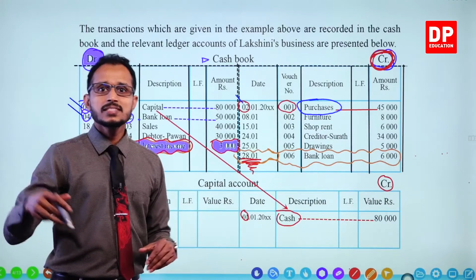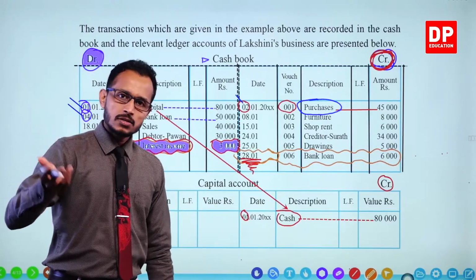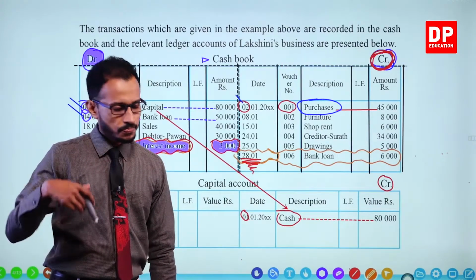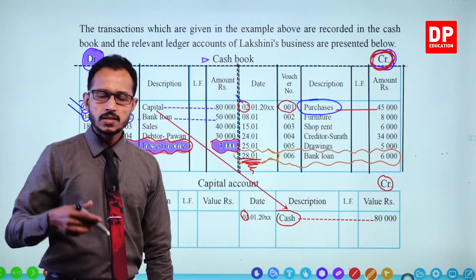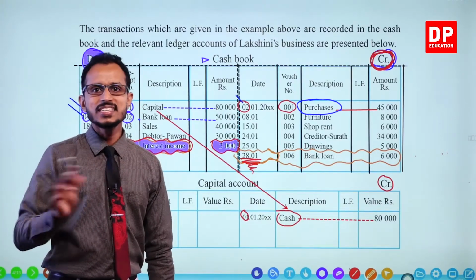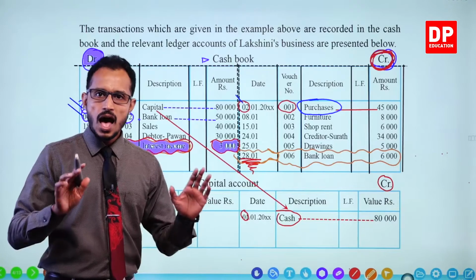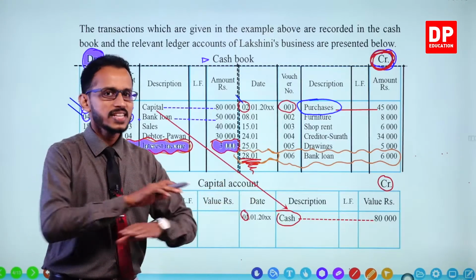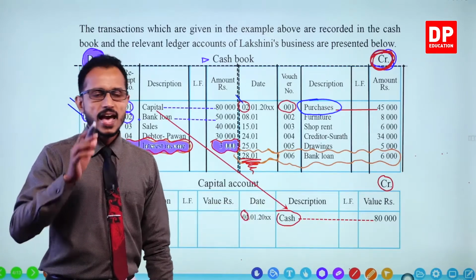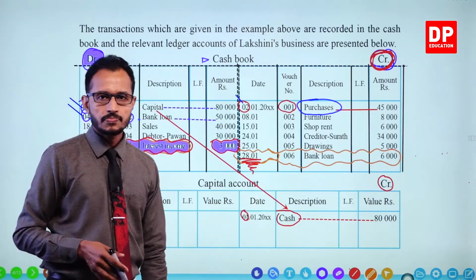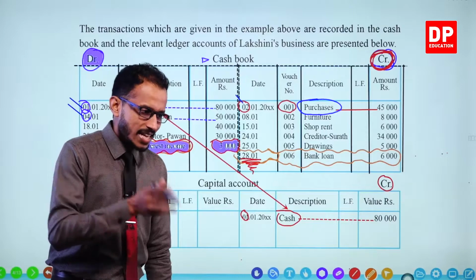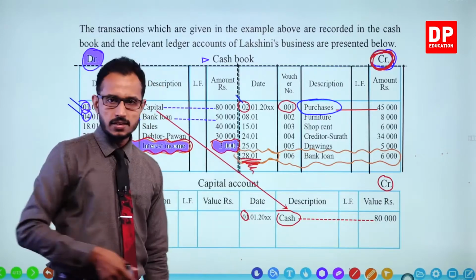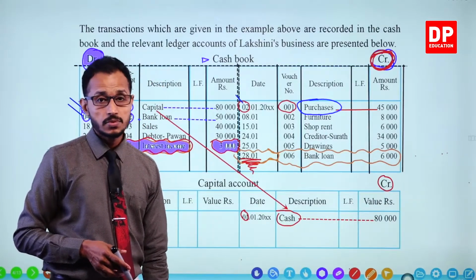It depends on the business. One business to the other business, it differs. Not the way they balance. The way they balance is the same, but when they balance, on which date, at the end of how much of a period. That is what I'm trying to tell you.